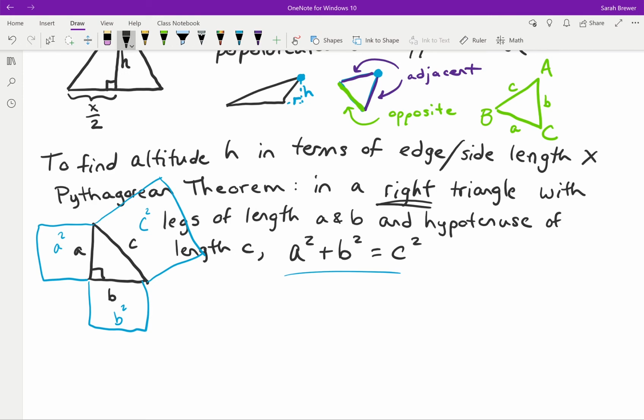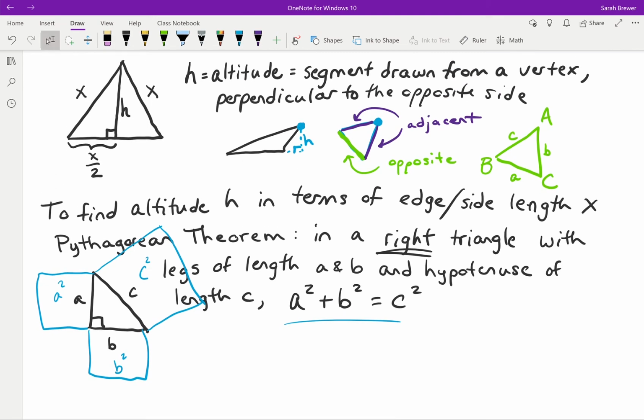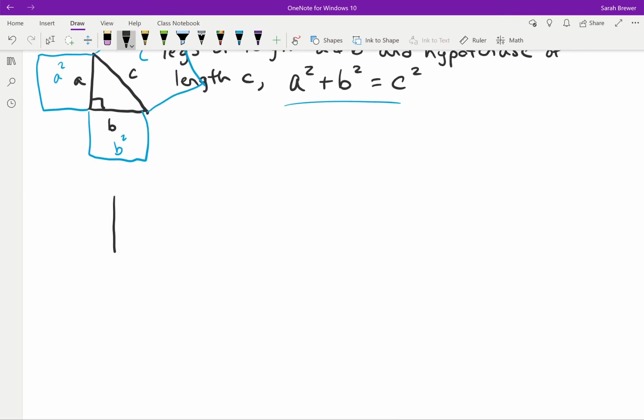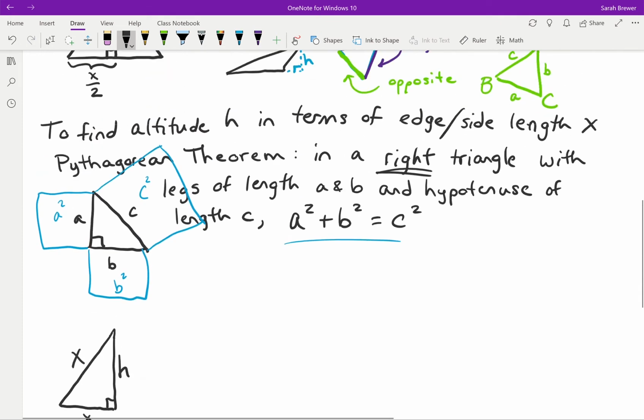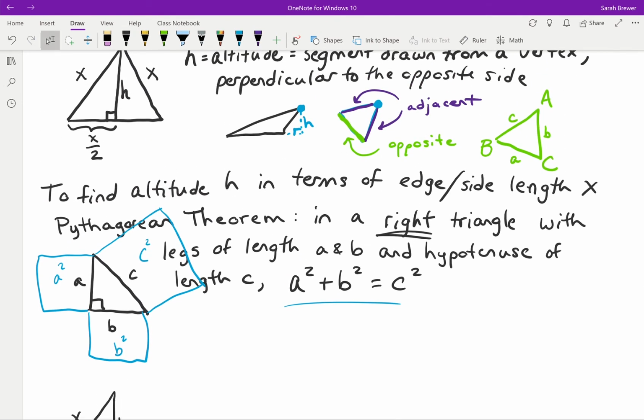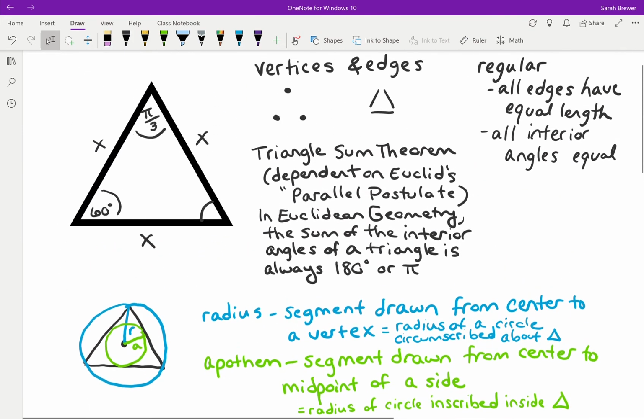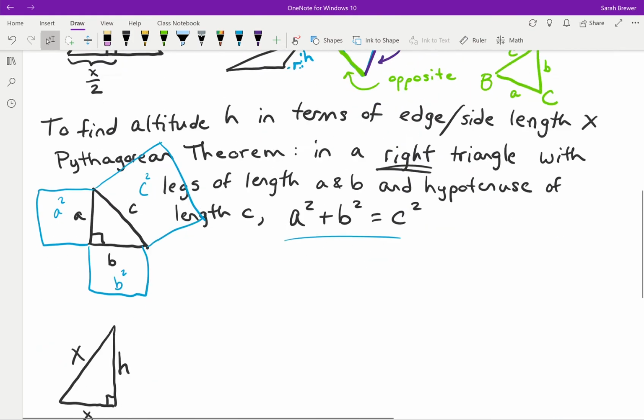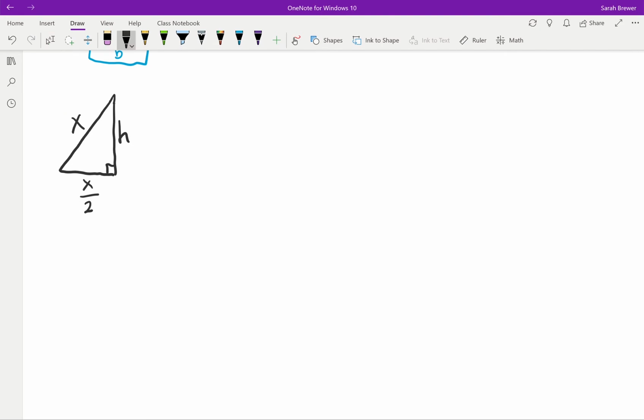Okay, so we have this triangle here, and I'm going to redraw half of it. So right now I only need this right triangle that's half of my equilateral triangle with hypotenuse x, short side x over 2, and altitude h. And remember that each of the angles in my equilateral triangle was 60 degrees, or pi over 3.